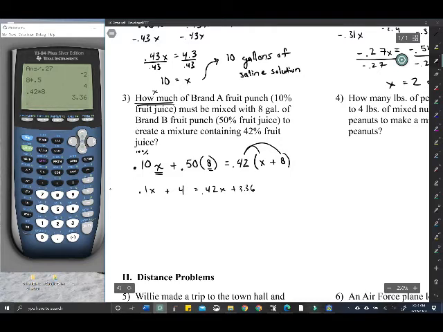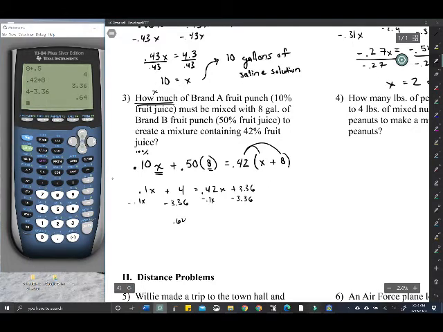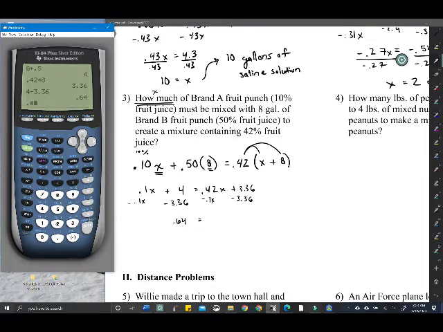And you're going to solve. So I'm going to subtract the 3.36. And then I'll subtract 0.1x to the other side. And 4 minus 3.36, boom, boom, boom, 0.64 is equal to 0.42 minus 0.1 is equal to 0.32.